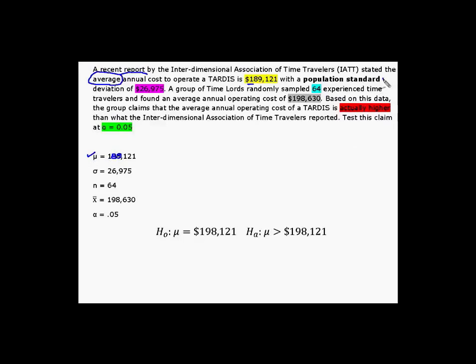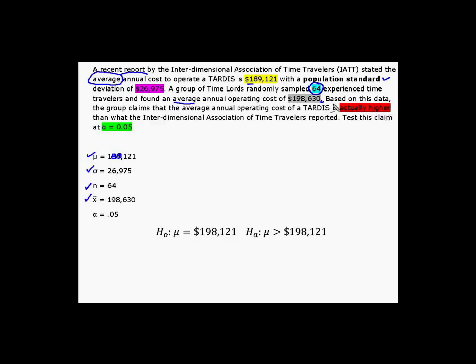I was told that I had a population standard deviation, which is sigma, of 26,975. I was told that we sampled 64 time travelers, which became n. And based on that group of 64, we found the average of 198,630, which is my X bar.